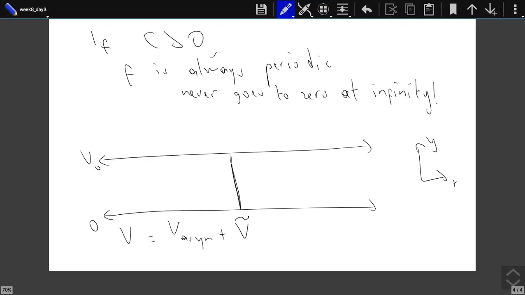And in this problem at least, the asymptotic form is just V0 over H times y. Now that V tilde should go to 0 at infinities, as x goes to infinities, plus or minus, and it should be 0 in the two boundaries, because the first term already satisfies this 0 and V0 boundary condition.